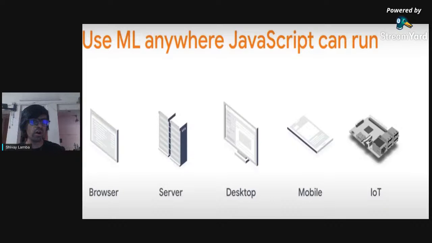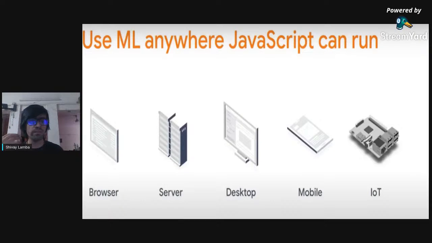So, in order to make it more accessible and easily understandable for web developers or people using JavaScript, this new library, again a free and open source library created by Google, by the name of TensorFlow.js was introduced.